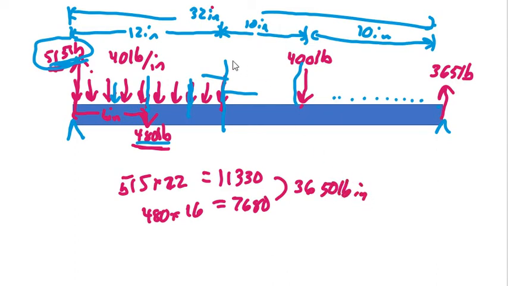And you know what? Just to do it, I'll change color, but let's pick this point. Let's pick at 12. So for 12, what would I have? I'd have 515 times 12, and I'd have 480 times 6.